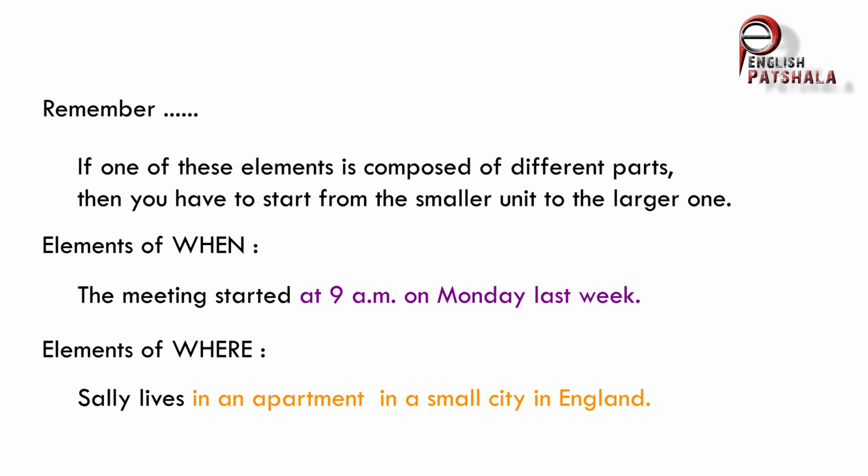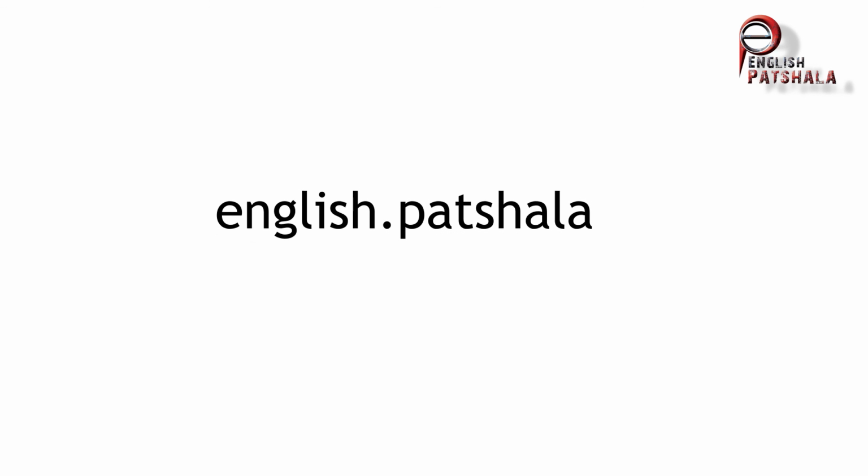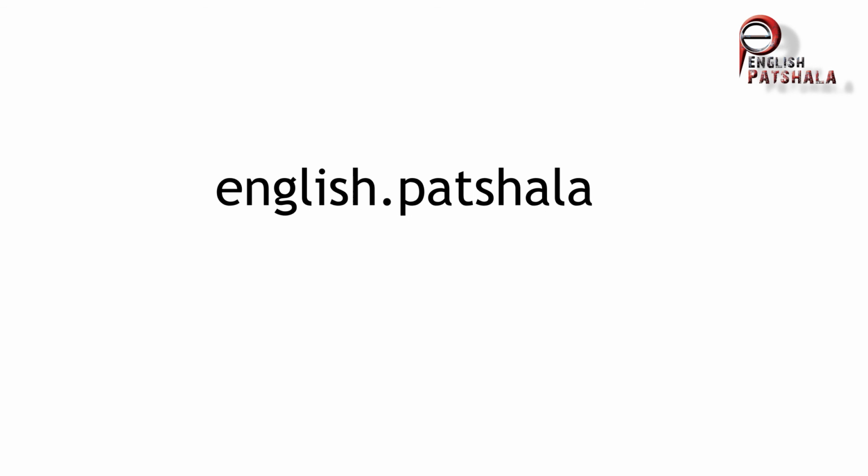It means we put the smaller one first, then the larger one. So this is the very basic idea of how you can decorate or write a sentence orderly, and we would have more lessons on word order next time.